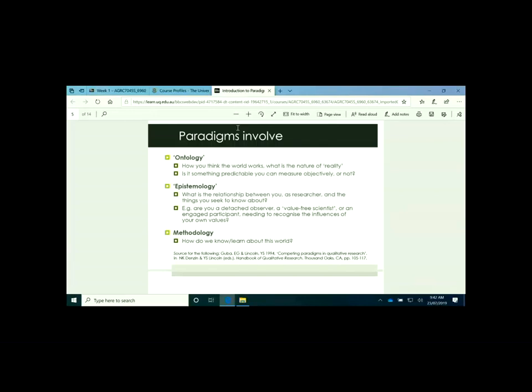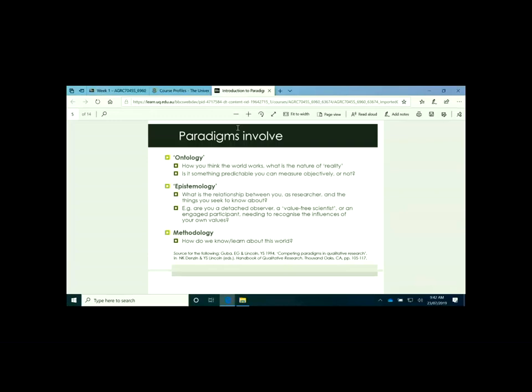It also has a component called epistemology. All right, and that is the relationship between us as researchers and the things that we want to know about. So we could think about, are we a detached observer, a value-free scientist, or are we an engaged participant in that system?